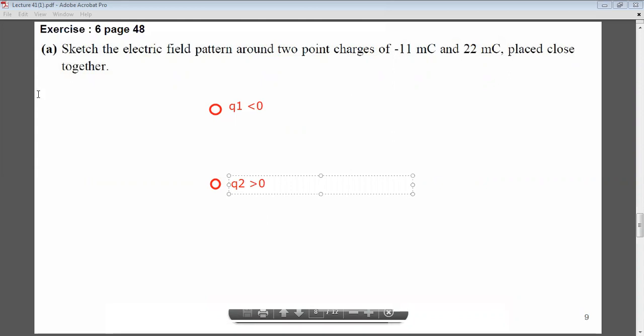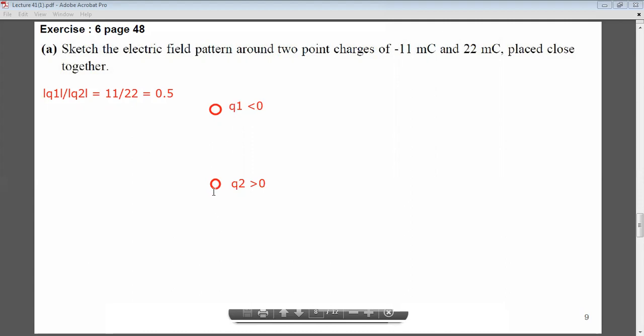So I have the absolute value of Q1 divided by the absolute value of Q2, because now we need to decide what N1 and N2 are. This is equal to 11 over 22, which is half. So the number of field lines entering Q1 should be half those leaving Q2.